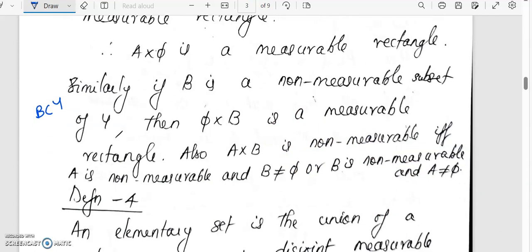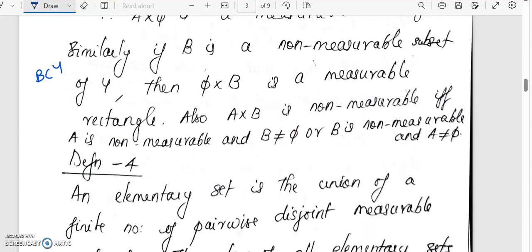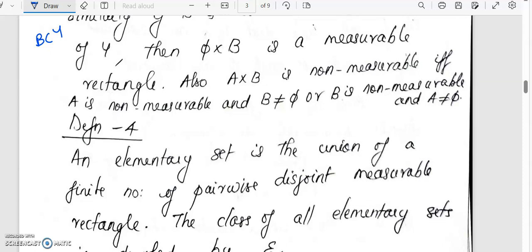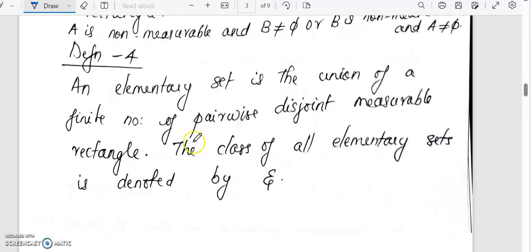So the next definition is an elementary set. By an elementary set we mean a union of a finite number of pairwise disjoint measurable rectangles. Suppose we have measurable rectangles which are disjoint. Suppose this is V1, this is V2 and this is V3.